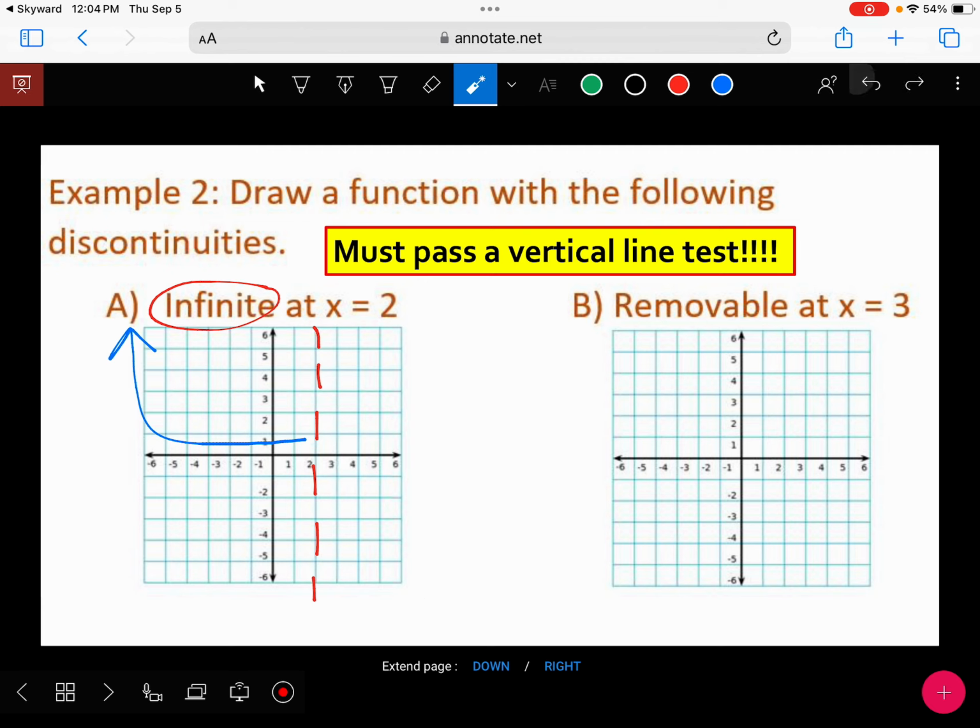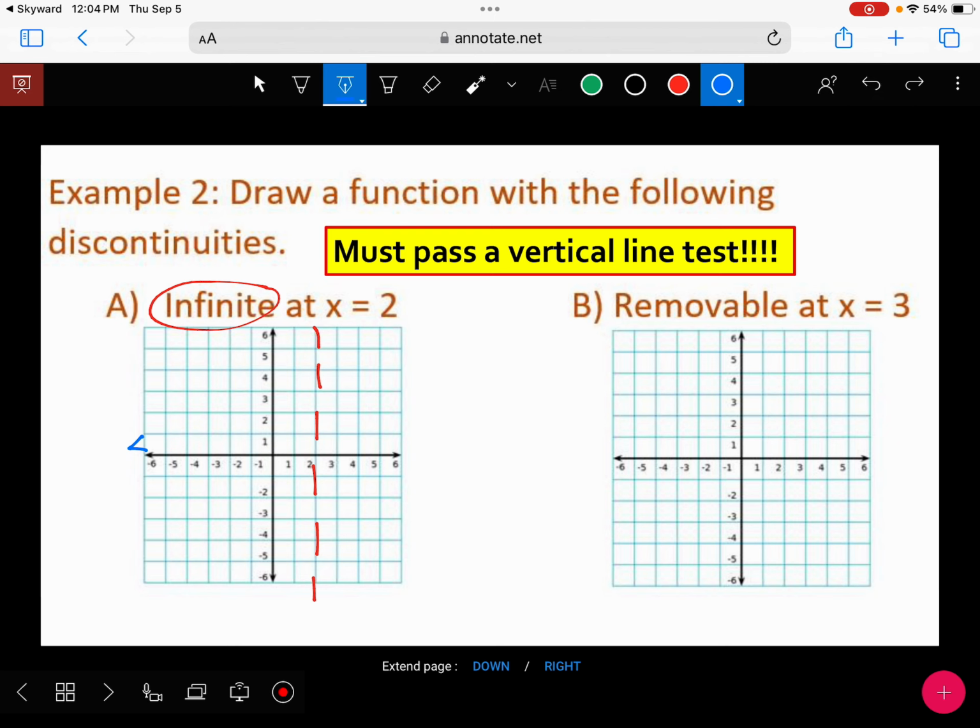And I'm just going to show you an example. I want to make sure you understand that there's more than one way to do it. So you can either draw a graph that's going up on both sides at the wall. That's one example.